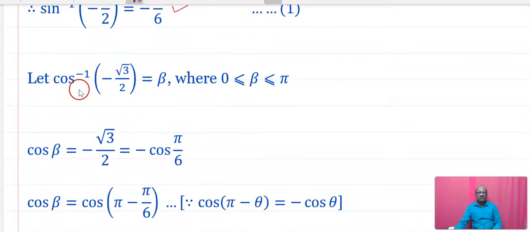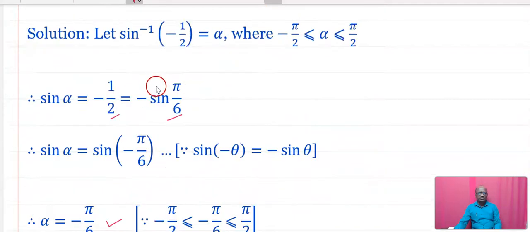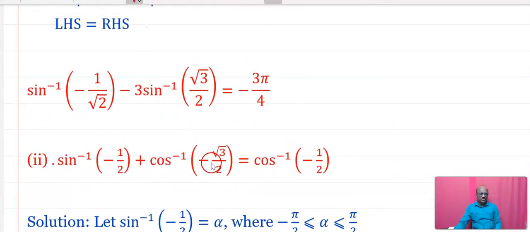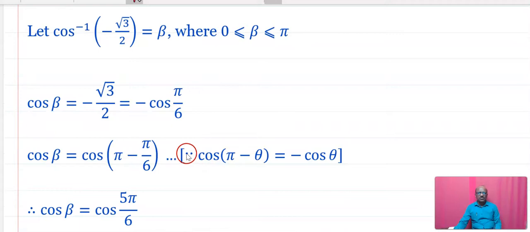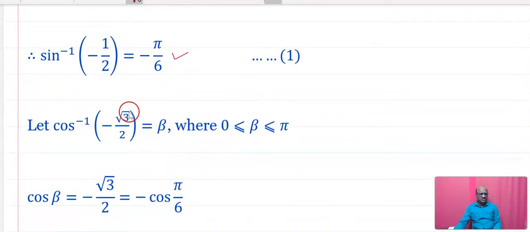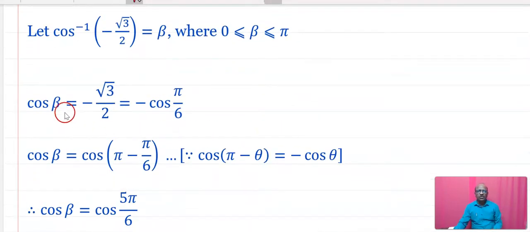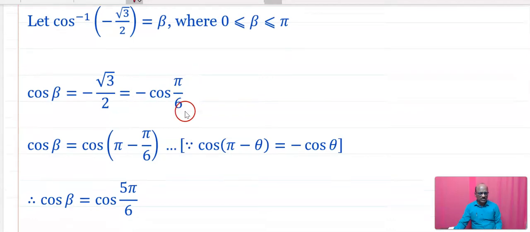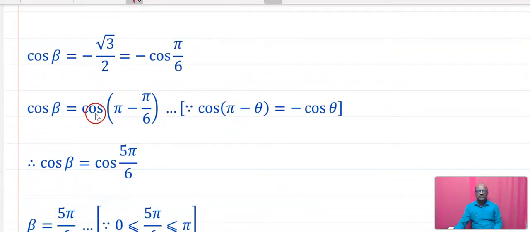Next is cos inverse of minus root 3 by 2. We want to find out the value of cos inverse of minus root 3 by 2. Cos inverse of minus root 3 by 2 is equal to beta, where beta lies between 0 to pi. Therefore, cos of beta is equal to minus root 3 by 2, which is minus cos of pi by 6. Okay, and that's why cos of beta is equal to cos of pi minus pi by 6, by using the allied angle: cos of pi minus theta is minus cos theta.